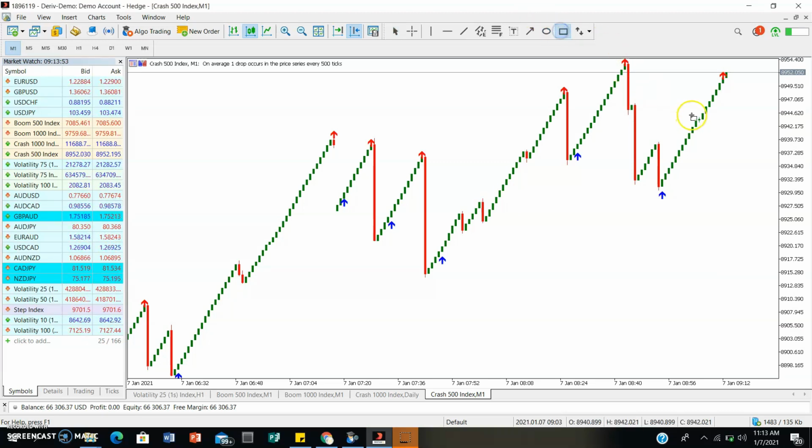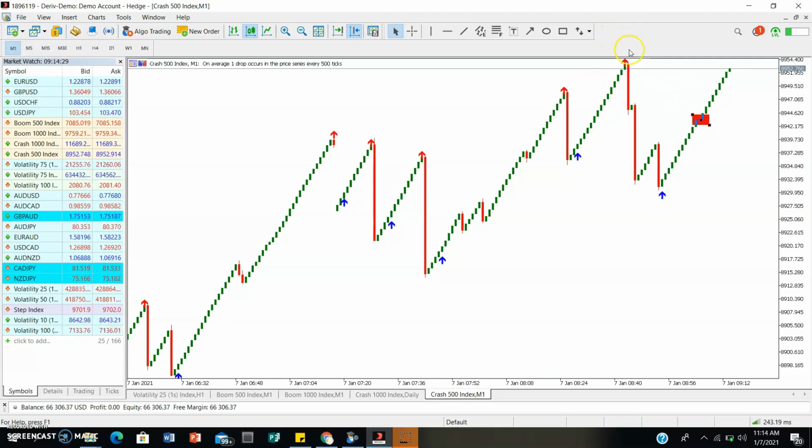I think that's the point where it started bouncing somewhere here, started changing, started repainting. So at this point, the strategy that I used to code this indicator was detecting an overbought market, realizing that we are in an overbought situation, so we should now start selling.